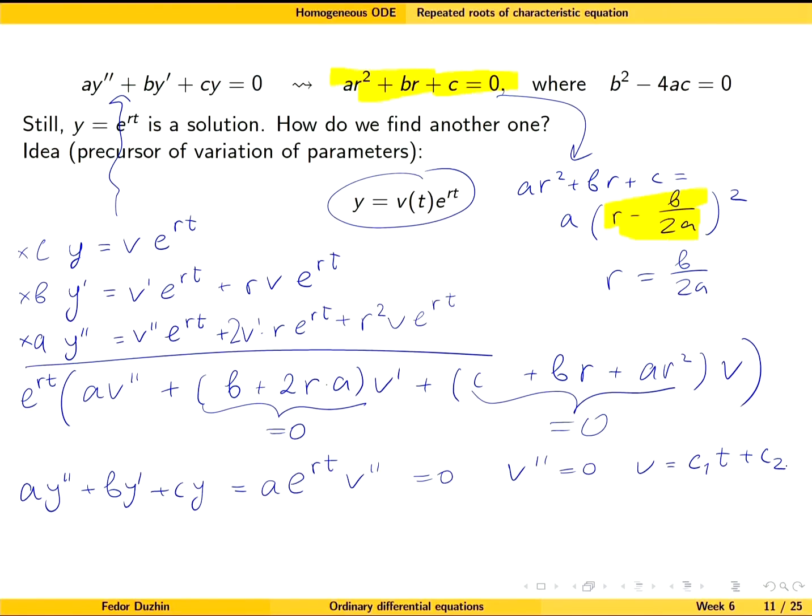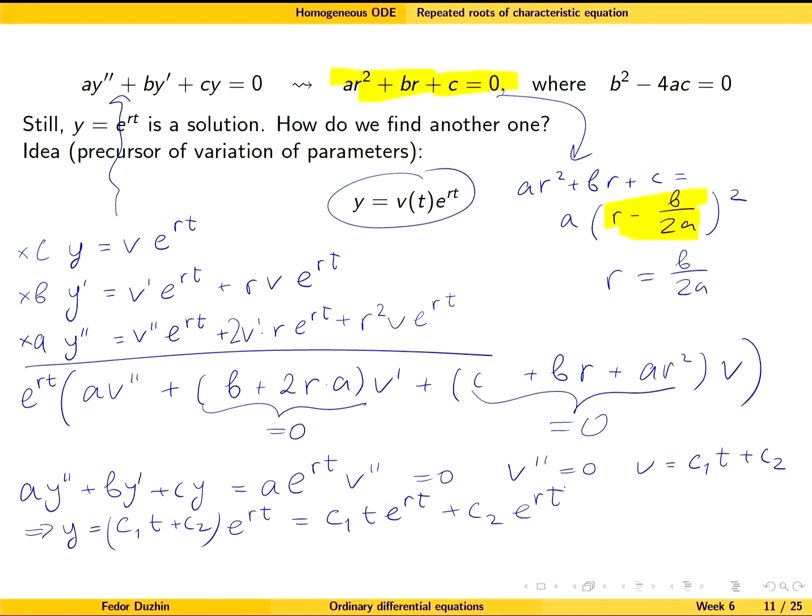Which means y equals (c1 t plus c2) times e to the rt. So c1 t e to the rt plus c2 e to the rt. Alright, is that all?